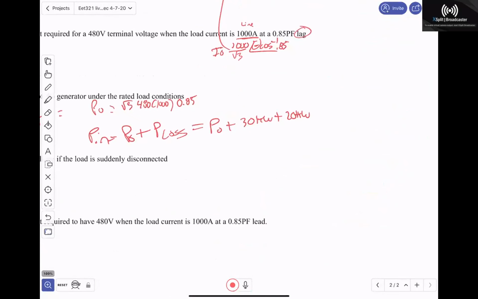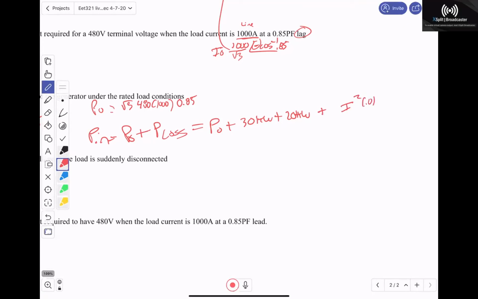So I'm going to include the winding losses because I've got current flow through my windings, which means I'm going to have some losses there. So I have to add I squared times R, which is 0.01.